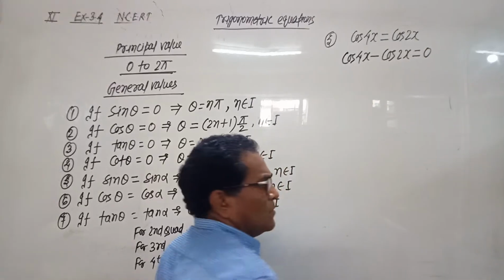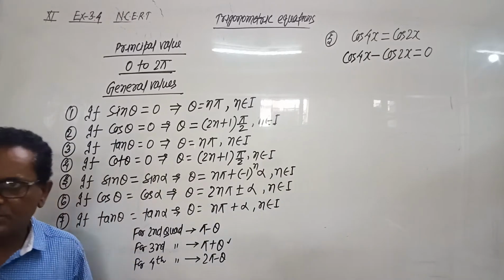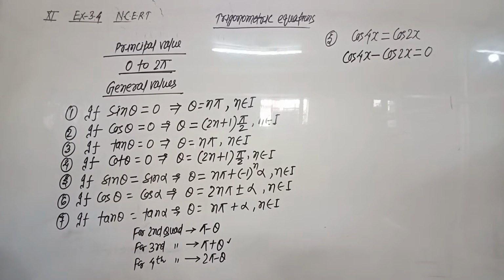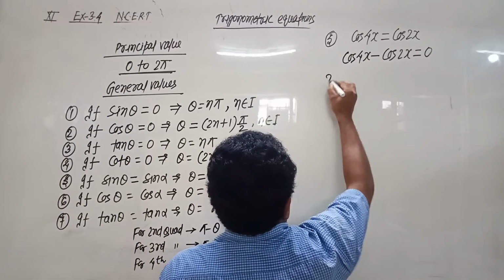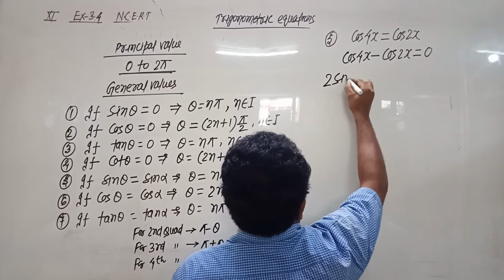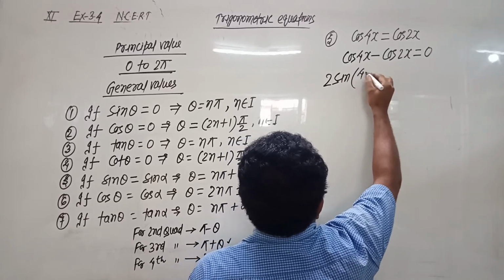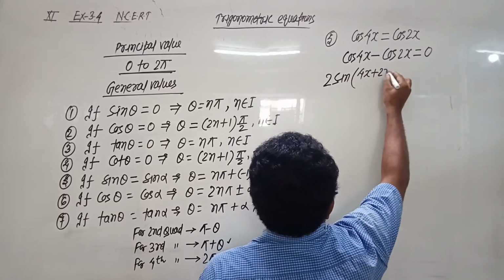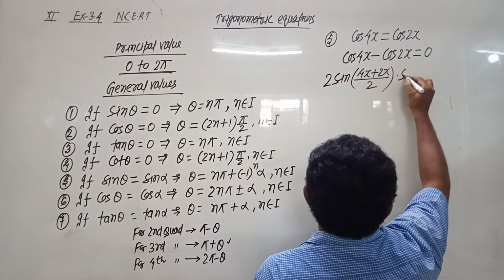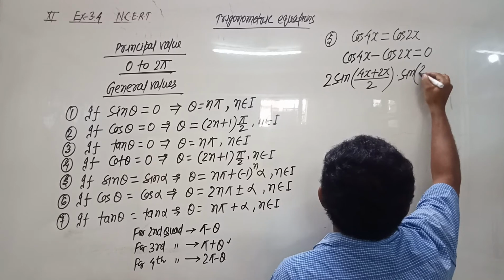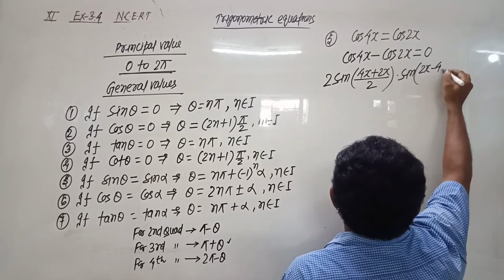Then we use the formula for cos c minus cos d, which is 2 sin of (c plus d) by 2 into sin of (d minus c) by 2.